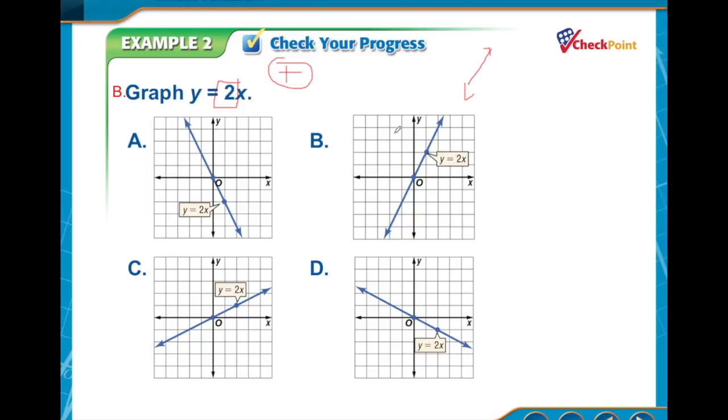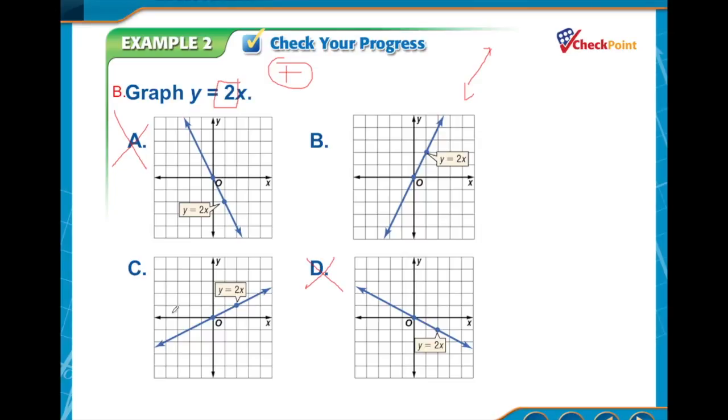So in other words, of these choices, if we have a graph that goes up to the left, we know it has a negative slope, and we know that that is not right. So looking at these, I see D goes up to the left. That's a negative slope, so that's not right. A also goes up to the left. Negative slope, not right. So B and C both have positive slopes.